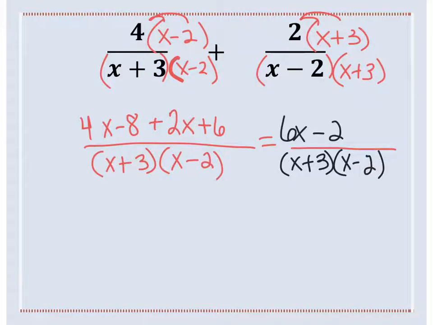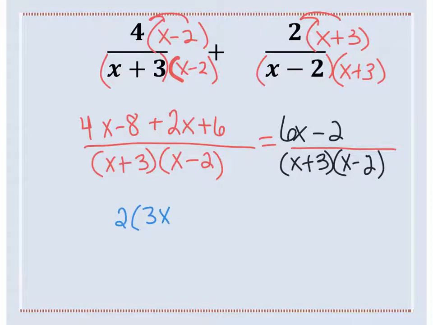Now we factor till we can factor no more. So my numerator has a greatest common factor. So I'm going to factor out a 2. So I'm going to put a 2 on the outside. And when I factor out a 2, I'm basically dividing both of these terms by 2. So 6x divided by 2 is going to be 3x.